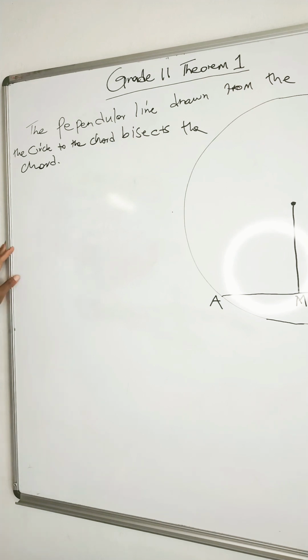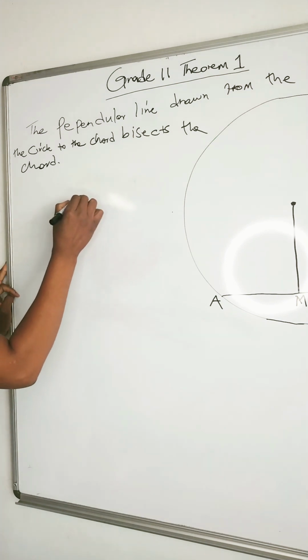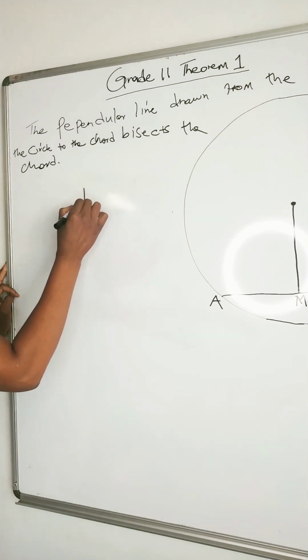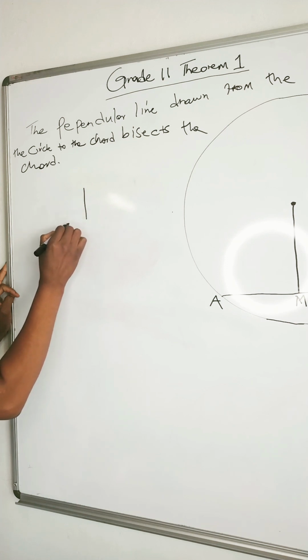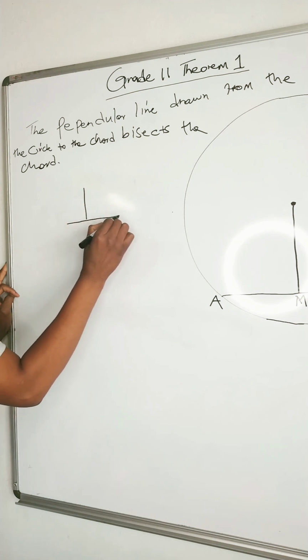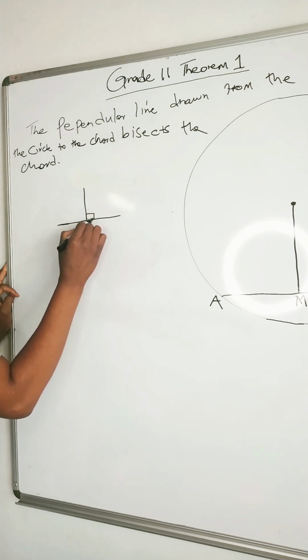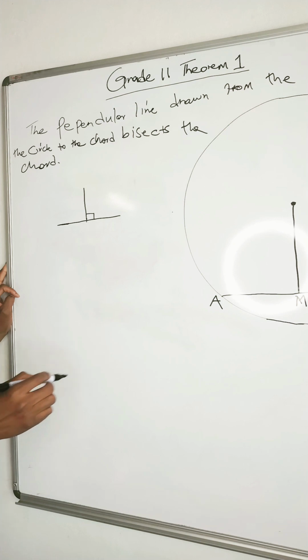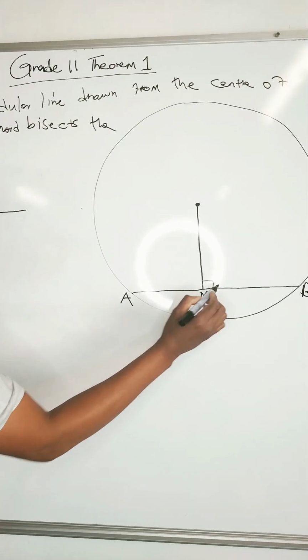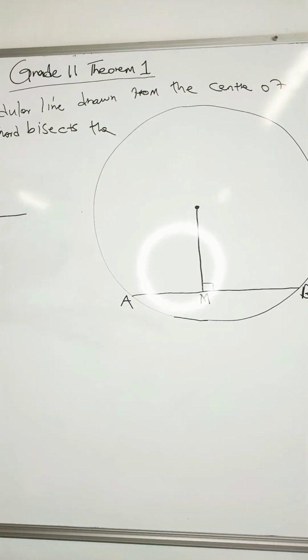Now, what is the meaning of bisect? It means that this line cuts this one into two equal parts. Remember, it says perpendicular. This is that it is perpendicular. I will explain the meaning of that.